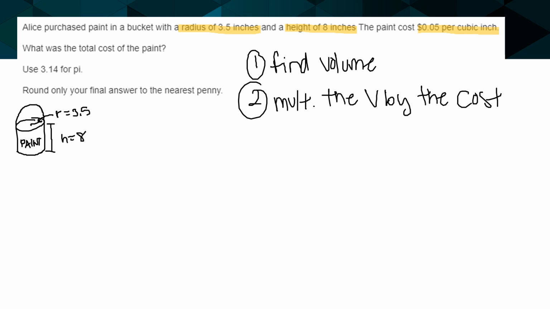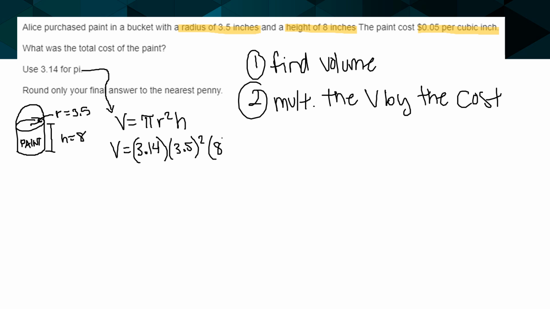All right, so first, volume formula. Volume equals pi times radius squared times height. And this go around, we're just going to get that 3.14 in there for pi. So I have volume equals 3.14 for pi, 3.5 squared for radius squared, and 8 for height.